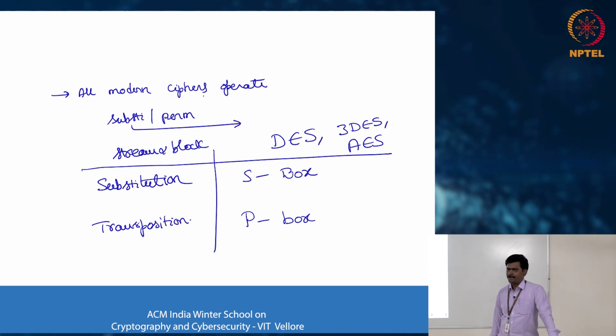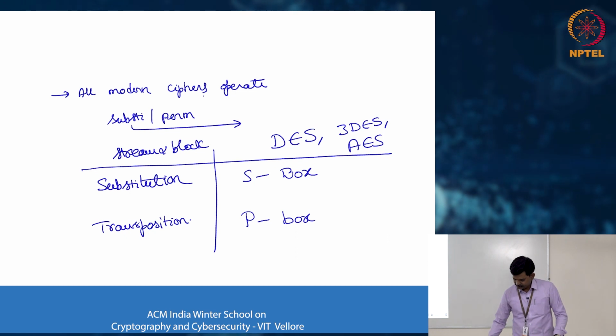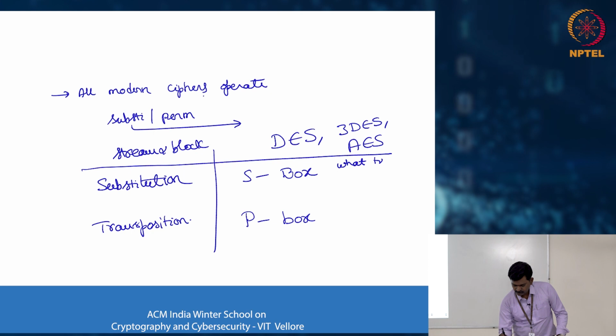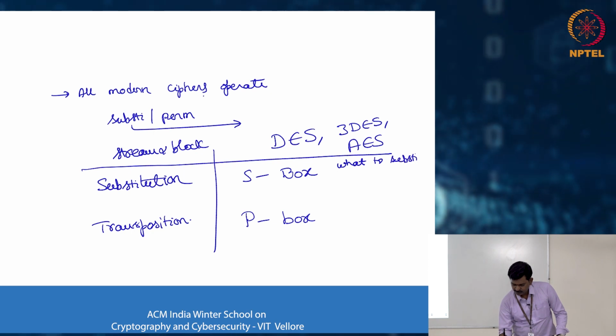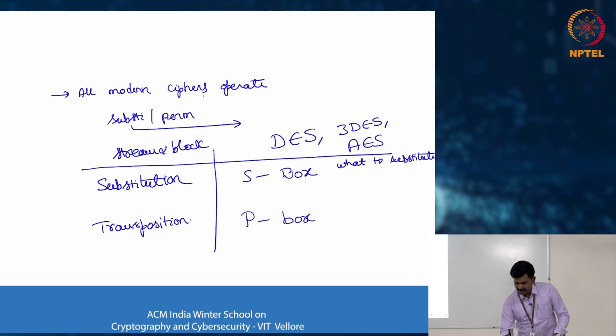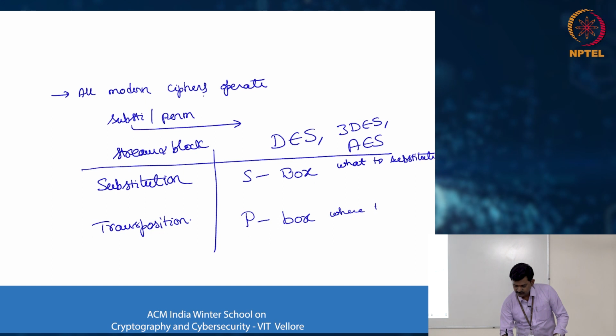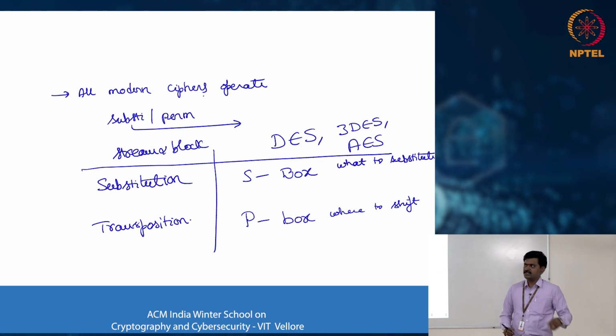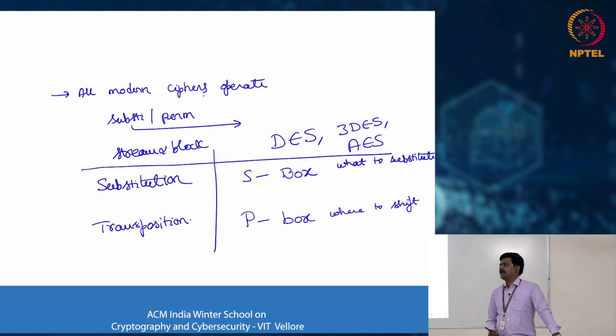Okay? Are you able to follow? This says what to substitute. What does the P box say? Where to shift, where to keep this bit, which location, right?